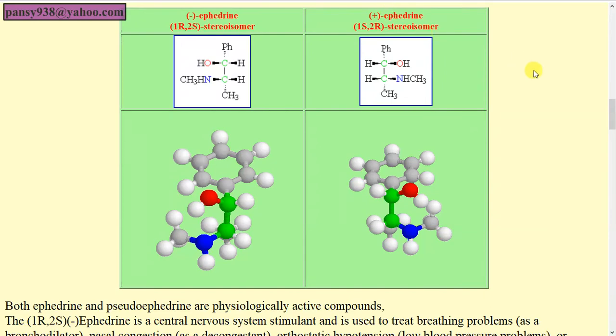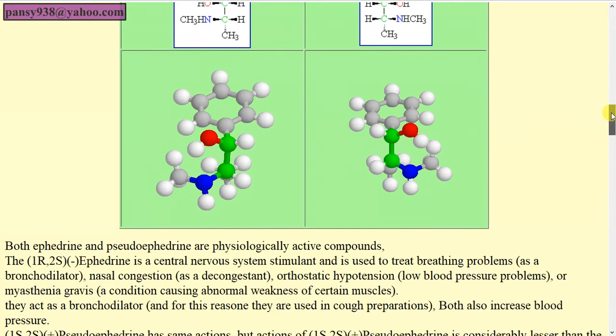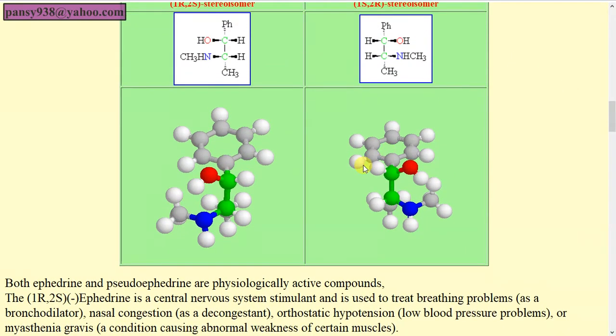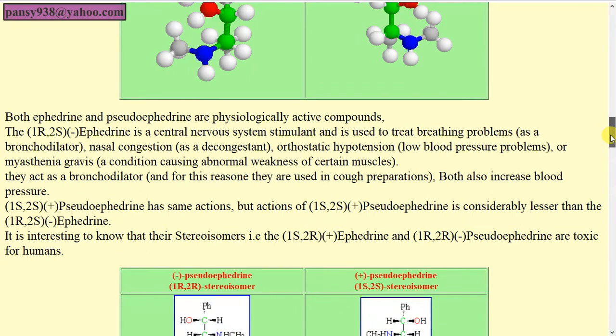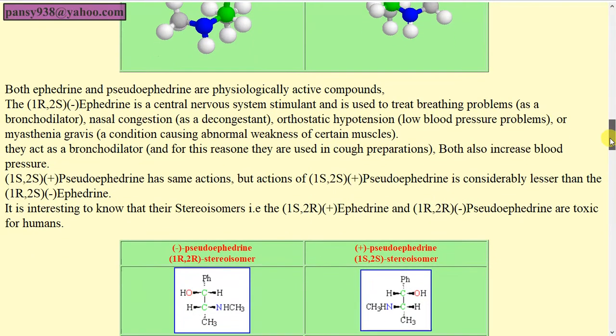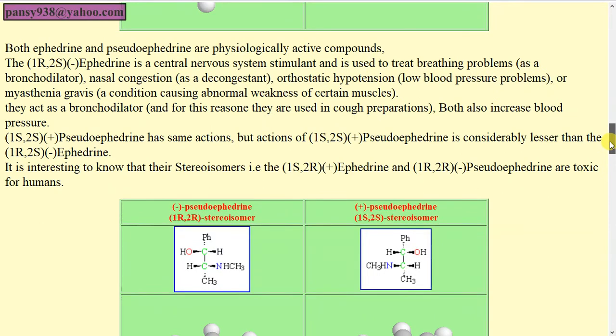While the positive ephedrine, which is a mirror image of this compound, has totally different physiological characters on our body. This is interesting to know that the positive ephedrine is toxic for humans beside some other characters.